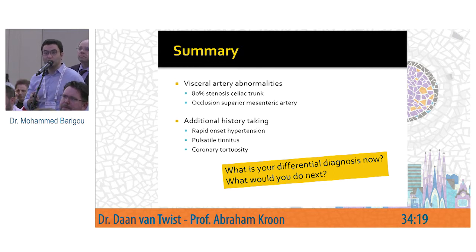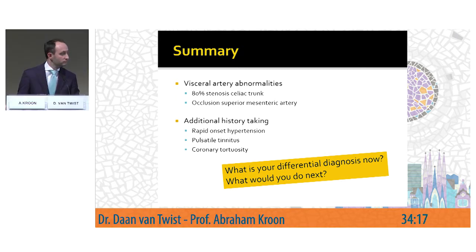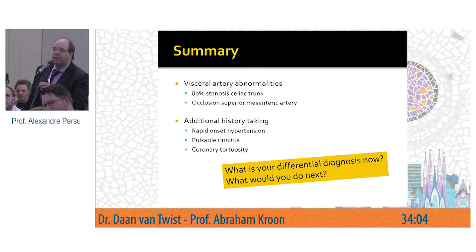That's my proposition. So we now have Professor Persu, a world specialist on fibromuscular dysplasia. I think he'll tell us something we want to hear. Well, when we look at the additional history taking now, each finding separately is not specific, but when we look at all the findings, it's extremely suggestive for a widespread fibromuscular dysplasia. We have the hypertension.